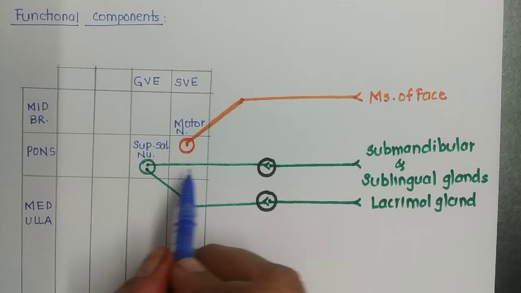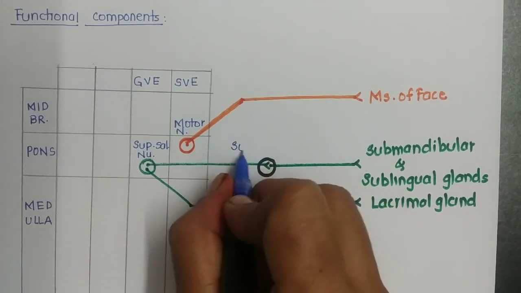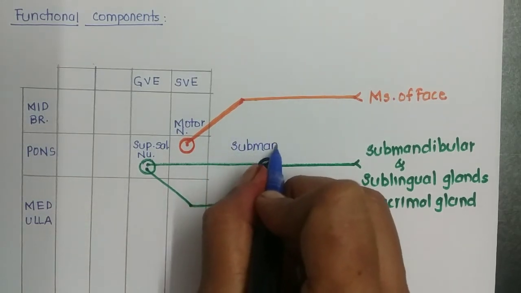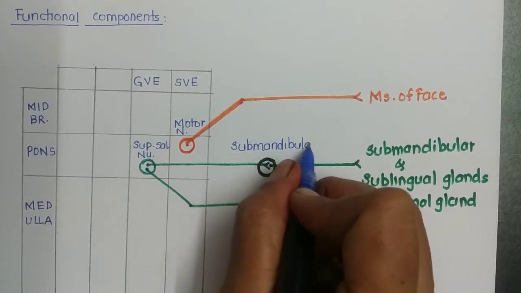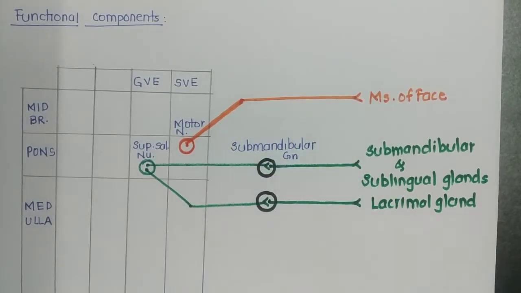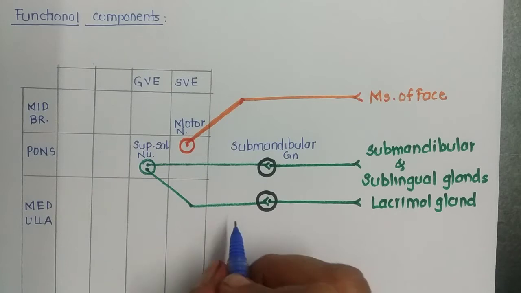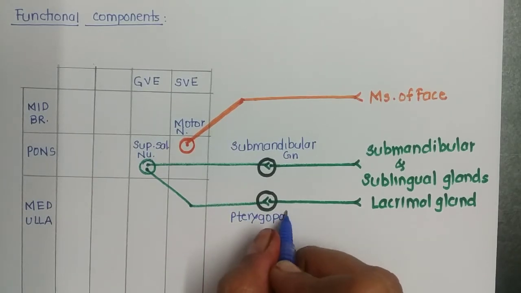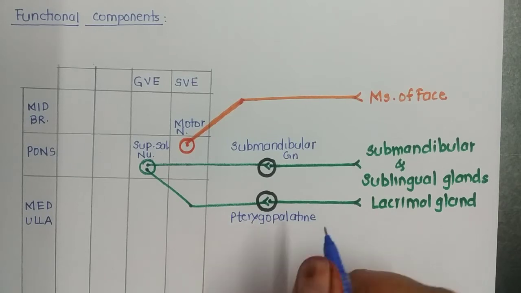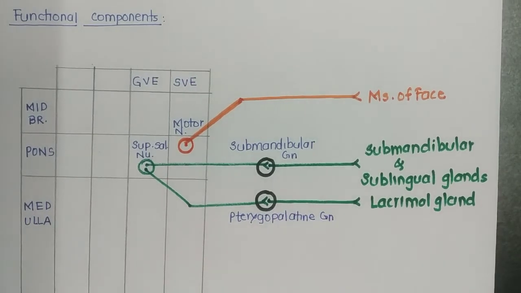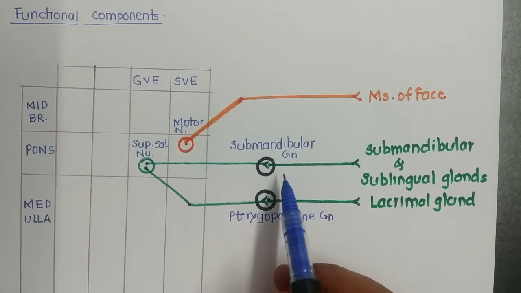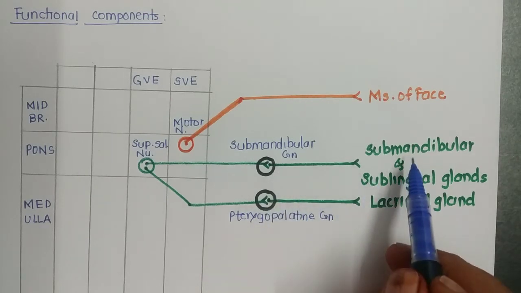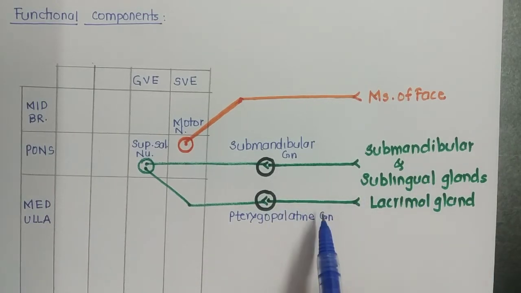From the superior salivatory nucleus, they go to the submandibular ganglion. Those from the lacrimatory nucleus, they go and relay in the pterygopalatine ganglion. Postganglionic fibers go to submandibular and sublingual glands. Here they go to lacrimal gland.